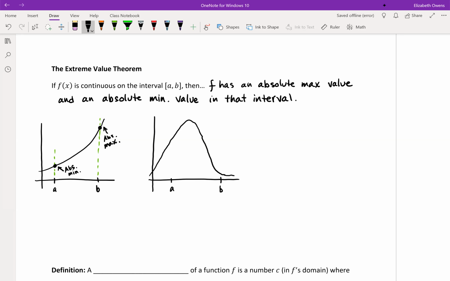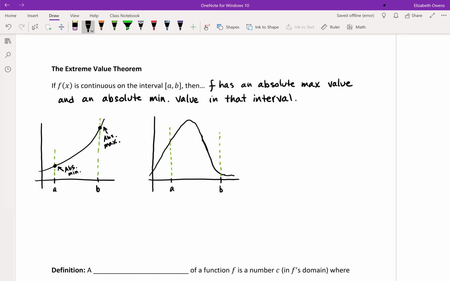There's a function. And again, we just want to focus on the interval from A to B, so between the green lines. All right, and once again, just double checking there, this function is actually continuous on that interval. No breaks, no holes, so we're good. Make it a little smoother right there.